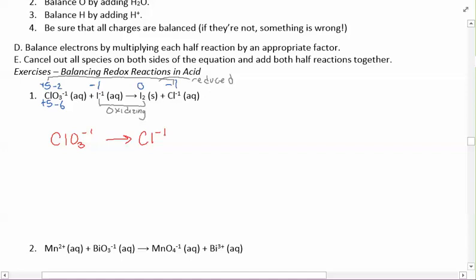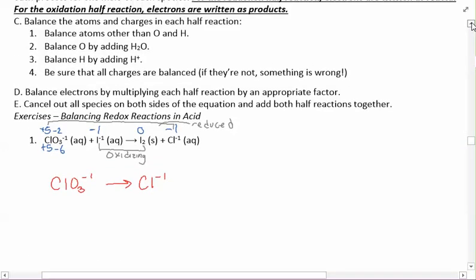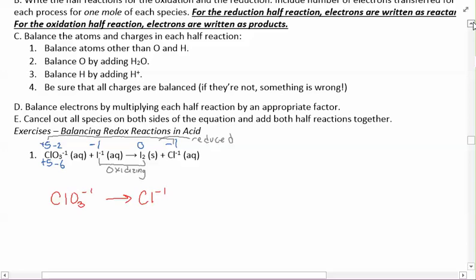So I'm pulling out what I identified above, whatever substances I had. We're just going to identify the one being reduced first. It doesn't matter which one you do first. I just picked the one that was reduced first because that was the first one there.